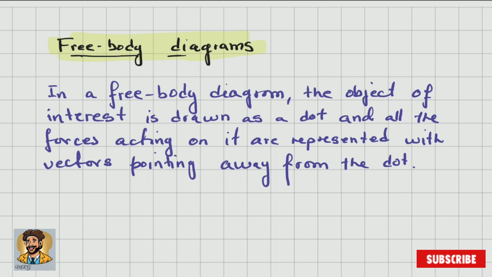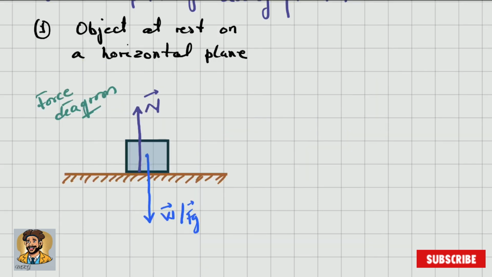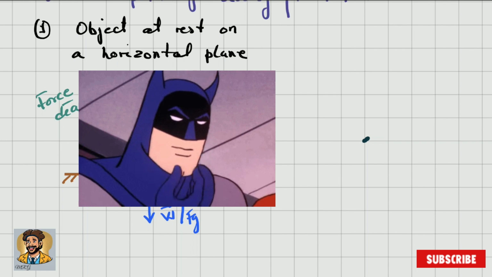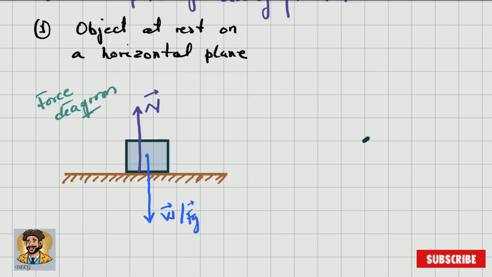And let's begin. Let's go to the same scenarios we did in a previous video. This was the first scenario we looked at, an object that is at rest on a horizontal plane. That was the force diagram. Now in this case, how do we represent the free body diagram? There is not going to be an object, we are going to represent a dot, and the forces will be all away from that dot.